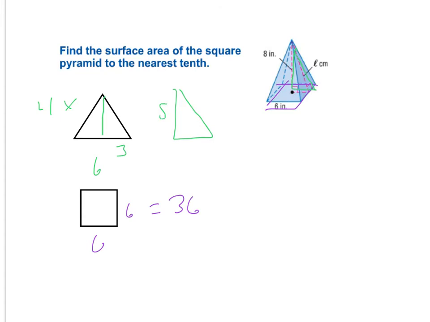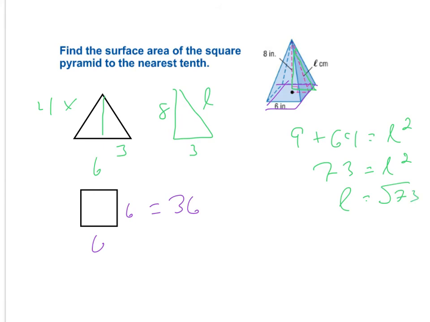This height is 8. This length right here is 3. So I know that 3 squared plus 8 squared is equal to my L squared. So 3 squared is 9, plus 8 squared is 64. That's equal to L squared. So 73 is equal to L squared. So L is equal to root 73.